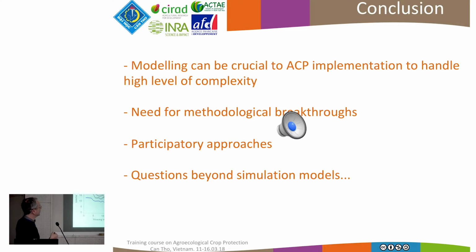So based on this model, we were able to assess the control of the weevil, the primary production, the yield of banana, and the arthropod diversity. So the objective was not really to go to something very predictive, but rather to have something that helps us to better understand the interaction between the cultural practices and the overall functioning of the system. It gives us some very interesting directions of research and directions of management.